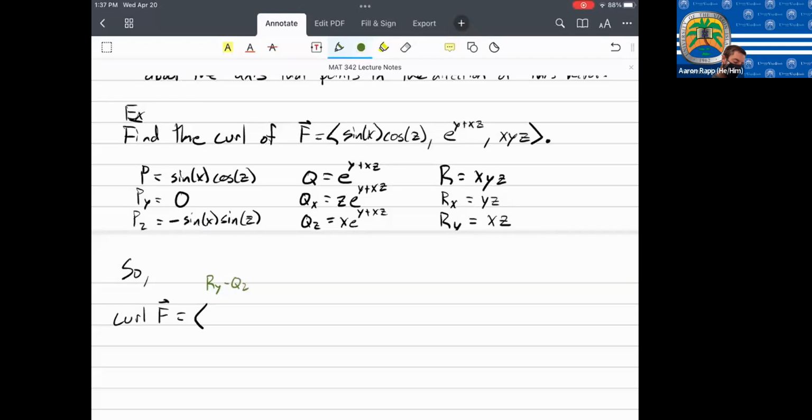Ry minus qz. This is just x times z minus x times e to the y plus xz.